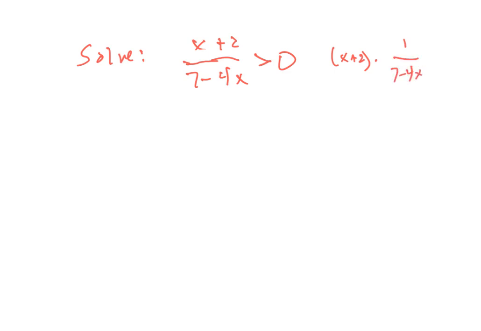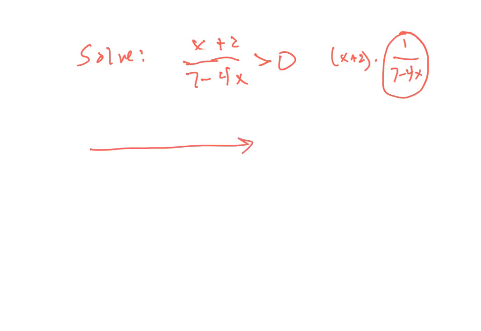And you can see the sign of this is going to be the sign of the denominator. If the denominator is positive, 1 divided by it is positive. If the denominator is negative, 1 divided by it is negative. So even though this is a quotient and not a product, it's not going to change the way we solve it. I still need to analyze the signs individually.